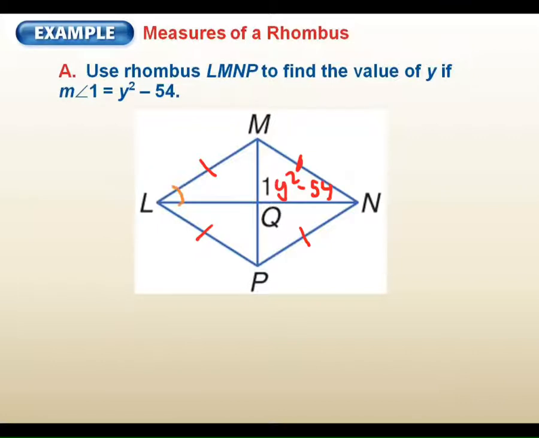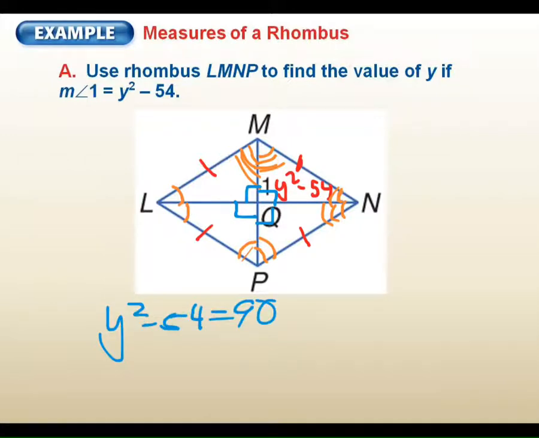I don't necessarily need that in this problem. And then it says find angle 1 if it's y squared minus 54. So again, one of the theorems of a rhombus is that where the diagonals meet, they make four right angles. So that means y squared minus 54 has to be equal to 90 degrees.